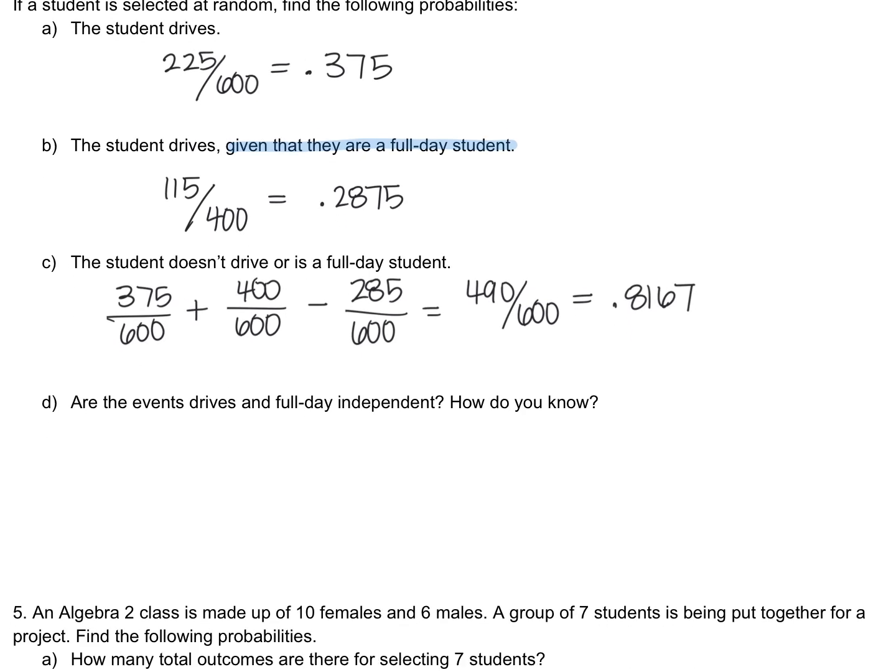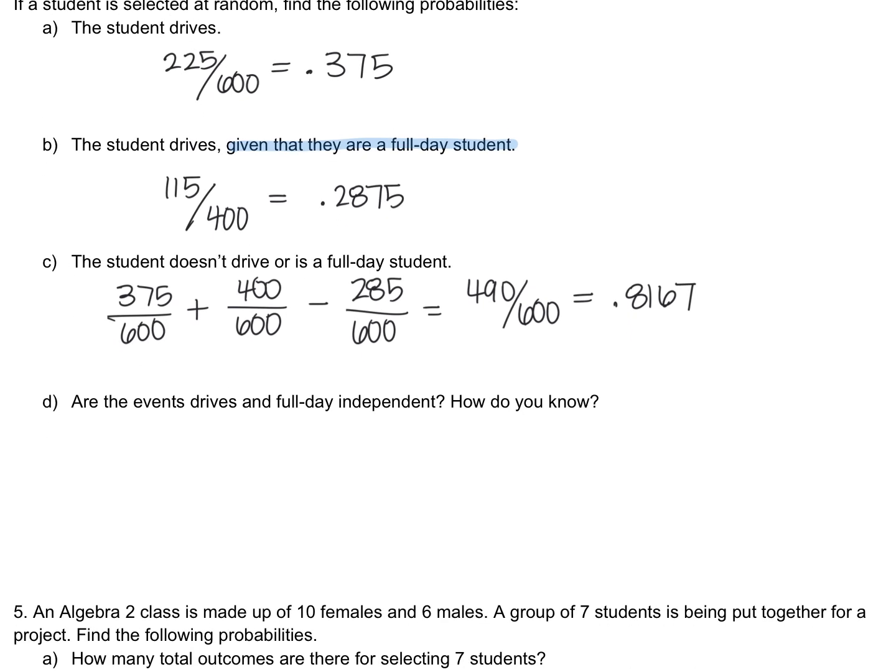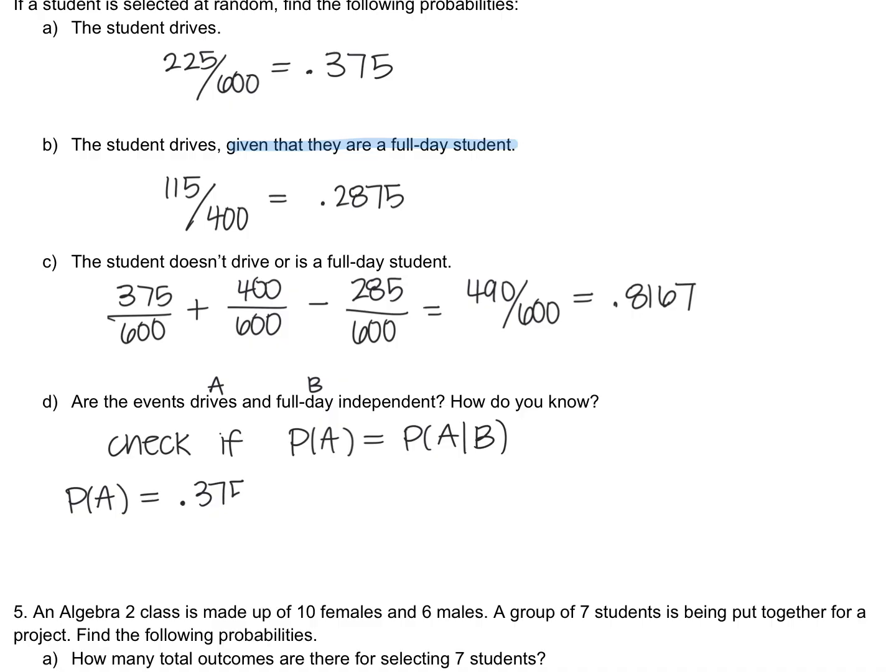The last one says, are the events drives and full day independent? So to check if two events are independent, you want to check if the probability of A equals the probability of A given B. So we'll define drives as A and full day as B. So the probability of A is the probability a student drives, which we calculated already as 0.375.